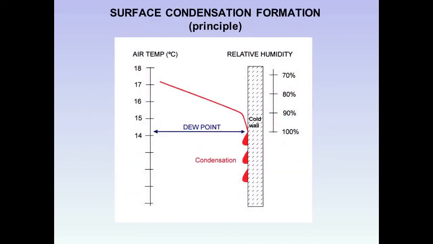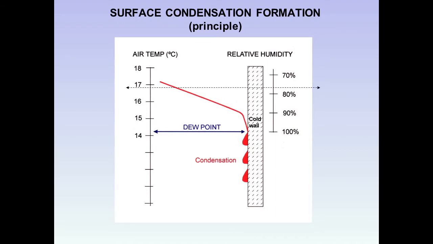If we look at surface condensation, this is just simply a principle. The figures aren't actually spot on by any stretch. Let's start off by looking at a cold wall on the right. We have a relative humidity scale there and an air temperature scale. Now here we are looking at what one could call the boundary layer of air. This is the air that is literally in contact with the surface.